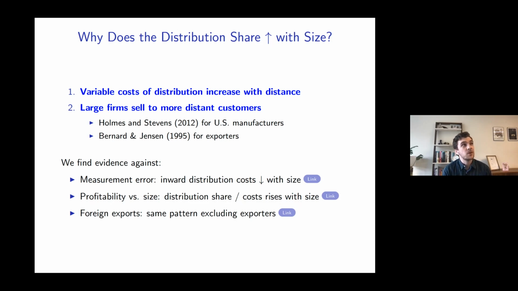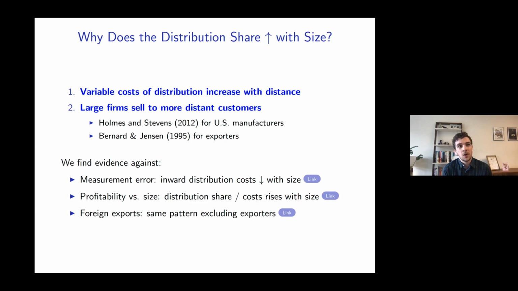Yes. So I guess if the market was the same, and you had just marginal cost heterogeneity, I guess that would imply that the distribution share of sales would be increasing also. I guess that would be an alternative way of thinking about it. I need to think about that a bit.